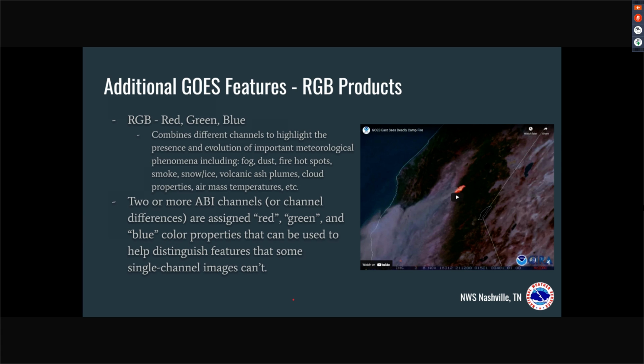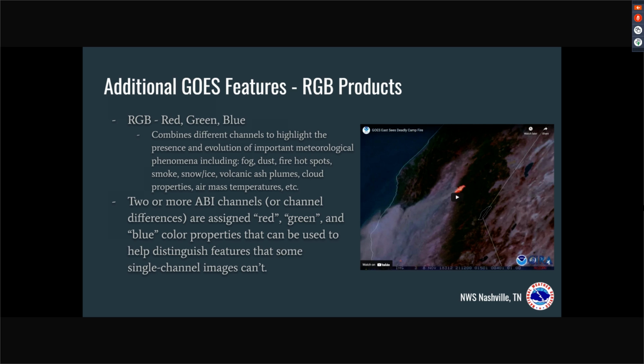So some additional features here that I had briefly mentioned earlier and we'll go into a little bit more in depth are RGB products. RGB stands for red, green, and blue. All this is, is that we're able to combine different channels that I just showed you to highlight the presence and evolution of different things that are going on.